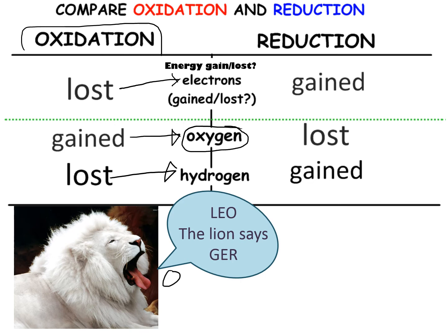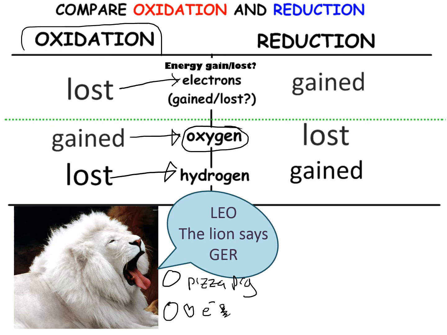Oxygen is like that person who you invite to your pizza party and they show up early and eat all the pizza. Oxygen is a pizza pig, okay? Except we're obviously not talking about pizza. Oxygen is electronegative, so oxygen really likes electrons.